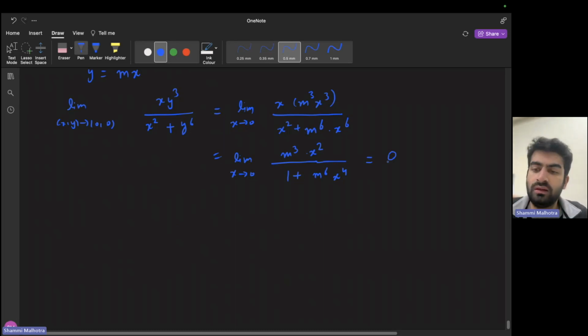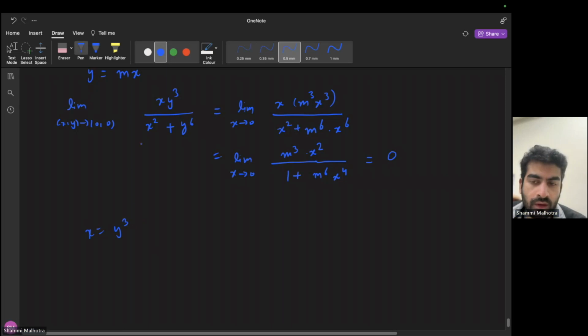But these are not all the paths approaching 0 0. There could be other paths. One thing we can observe here is the homogeneity. If I take x equal to y cube, in the numerator we have balancing factors, so the degrees match.